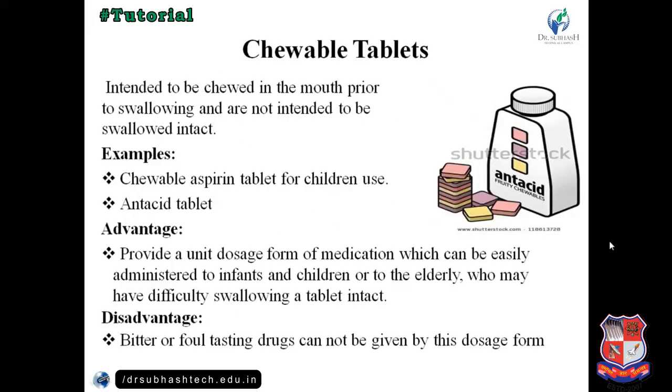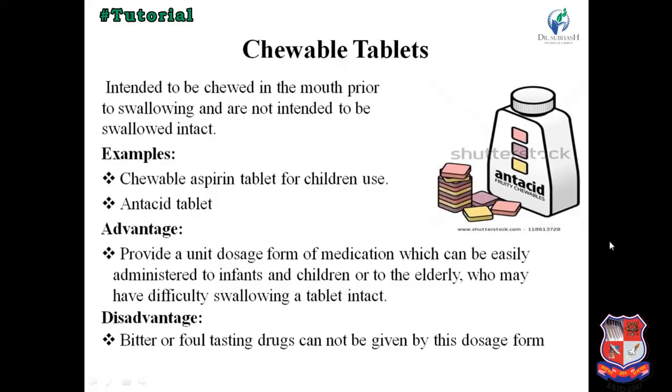Last one, chewable tablets. Chewable tablets are intended to be chewed in the mouth prior to swallowing and are not intended to be swallowed intact. Examples of chewable tablets: chewable aspirin tablets, particularly for children, and antacid tablets.